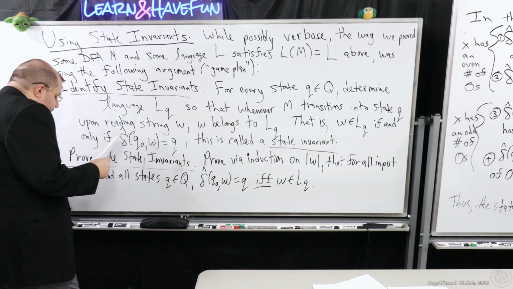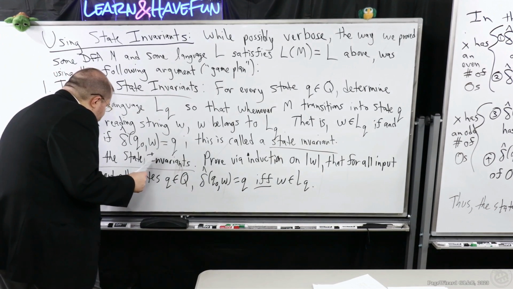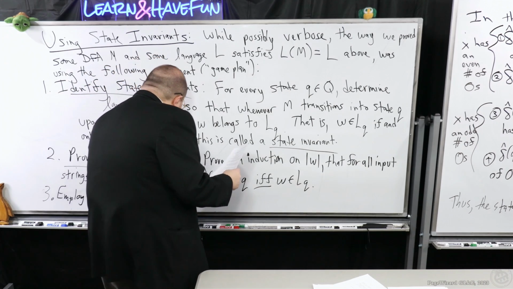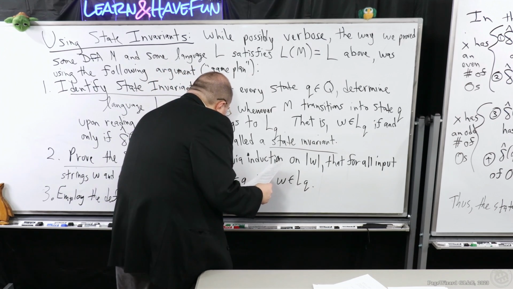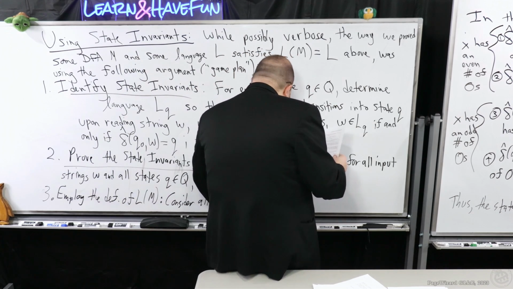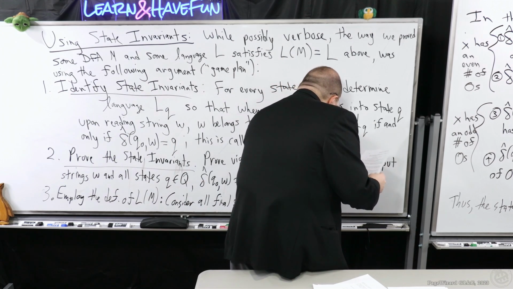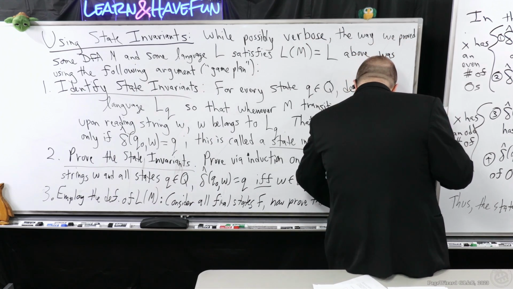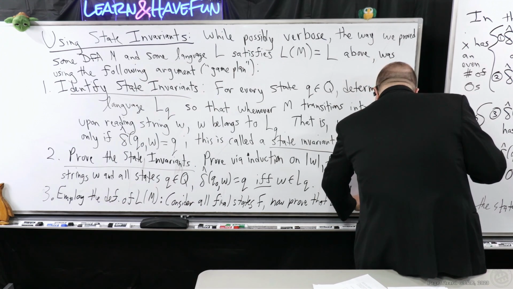So now we just employ the definition of L of M. Simply consider all final states F, and now prove that the desired language I want my DFA to accept is equal to the union of all my languages over the final states.